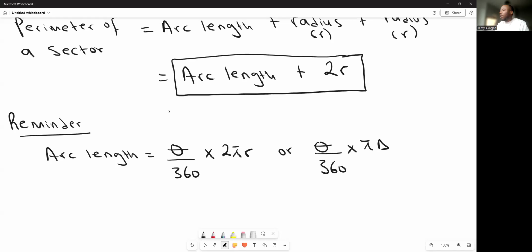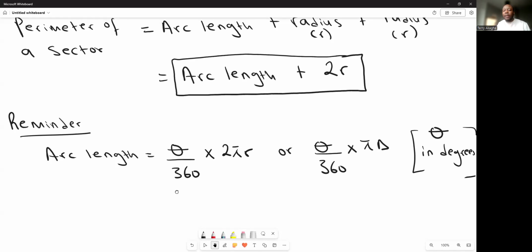Remember, in this case theta is in degrees. If it was in radians, you have to use theta r. So you have to be very, very careful.